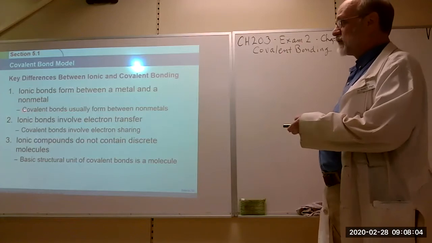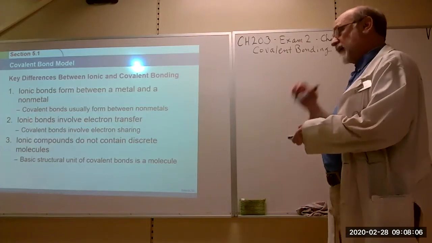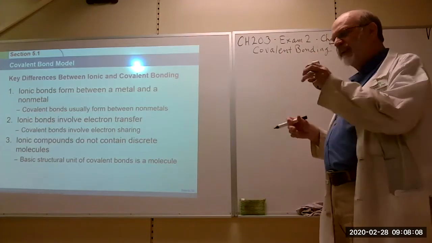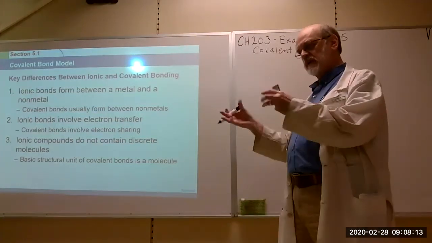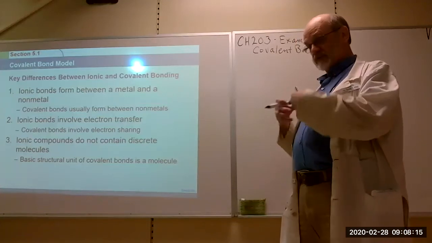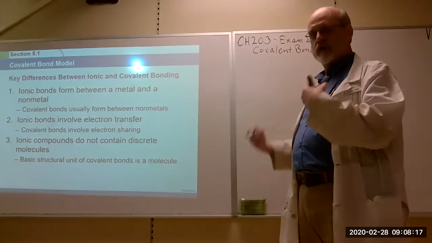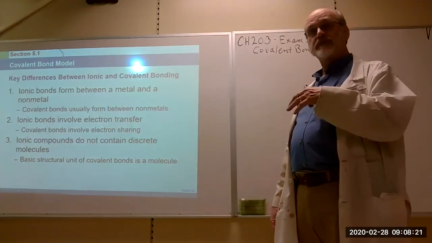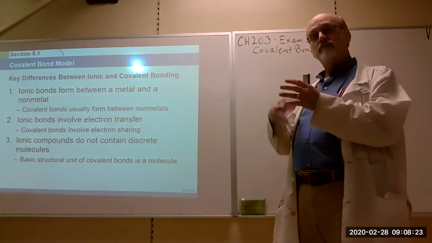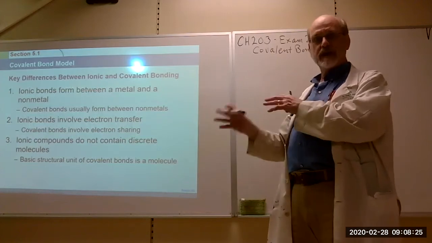Just to repeat, the difference, of course, is that ionic bonds form between complete ions, a complete transfer of electrons to one or the other, and you get a separation of charge, full charge. And by that I mean the presence or absence of an excess of electrons. You've got more electrons than protons, you get a negative charge.